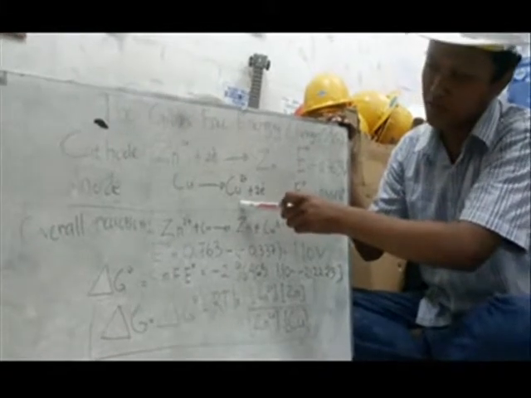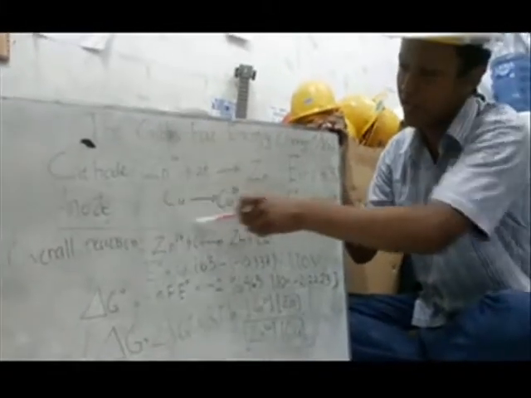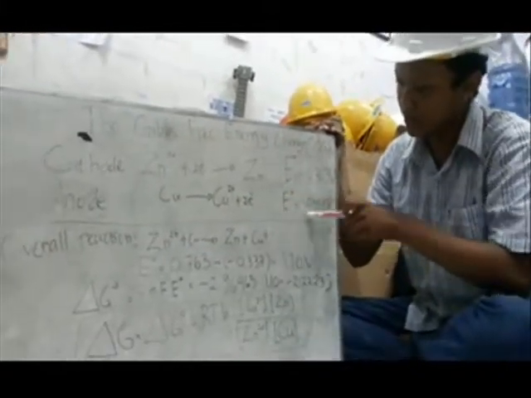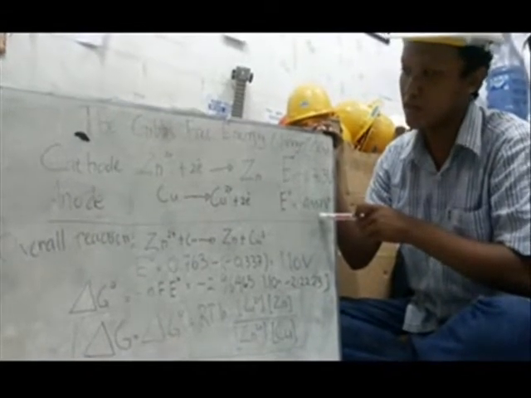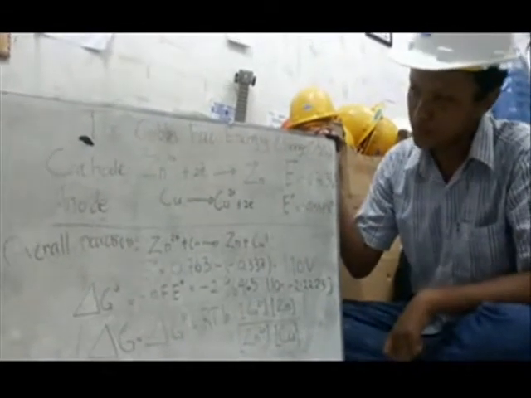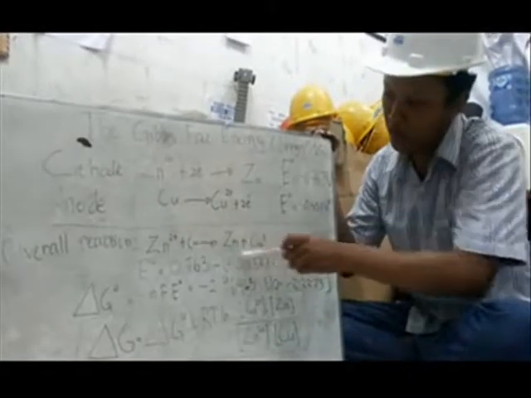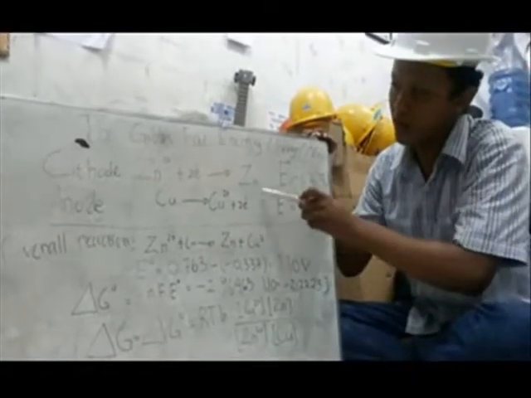This is the oxidation reaction, and this is the cell potential in the standard state of copper, and this is the overall reaction of the Daniell cell.